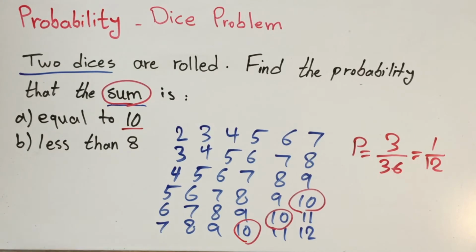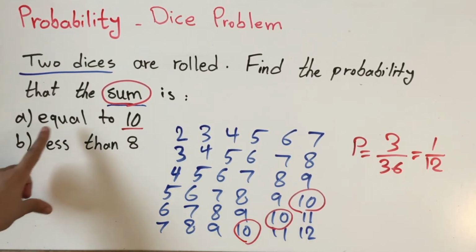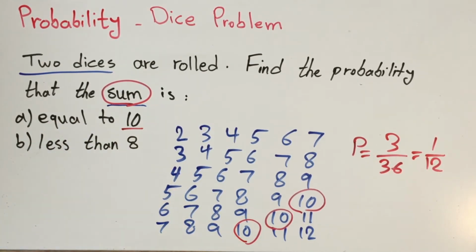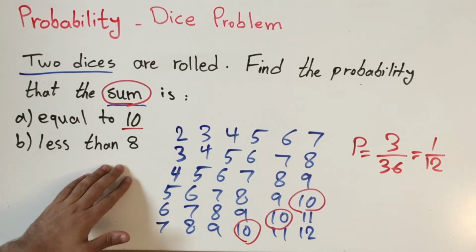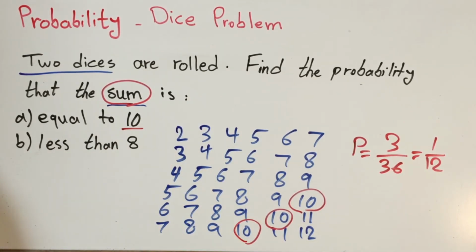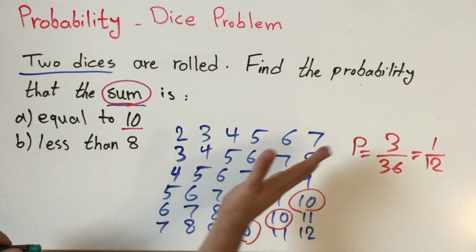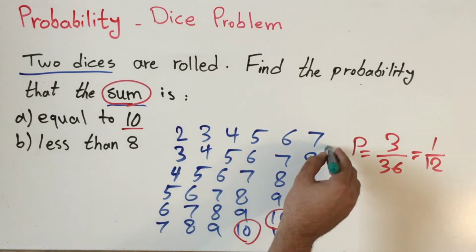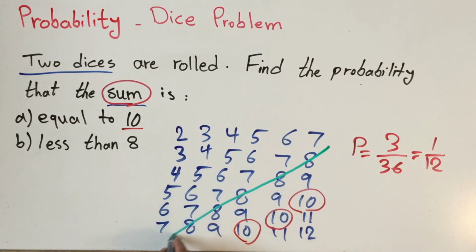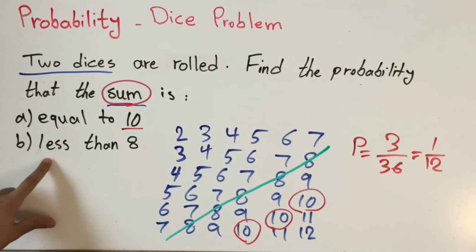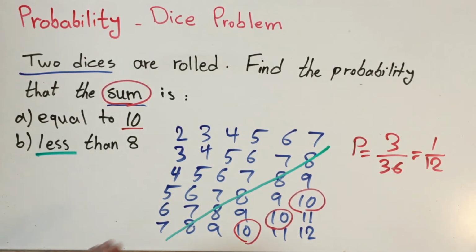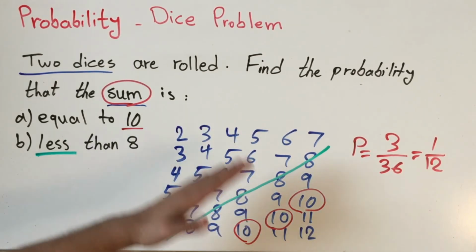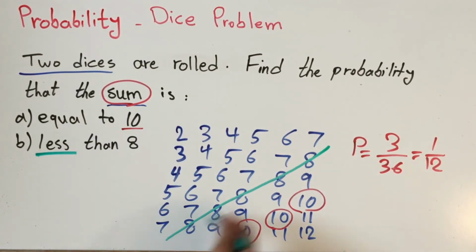How about this one? It says find the probability that the sum is less than 8. Okay, this is not 8, less than 8. So you have to find all the 8s. As you see, all the 8s are in a linear relation. So if I sketch that line, less than 8, you have to look at all the numbers above this green line, which are all less than 8, right?